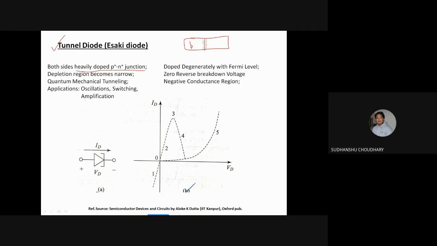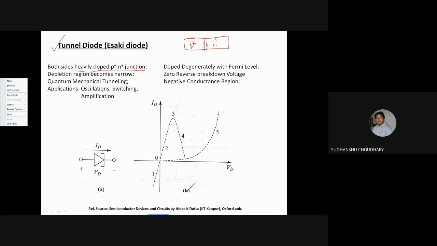Because the barrier is thin, the electrons or carriers can tunnel through the barrier. So the tunneling phenomenon, or quantum mechanical tunneling, can happen through the barrier itself. Because of this tunneling, the reverse current can increase. So we have discussed this.